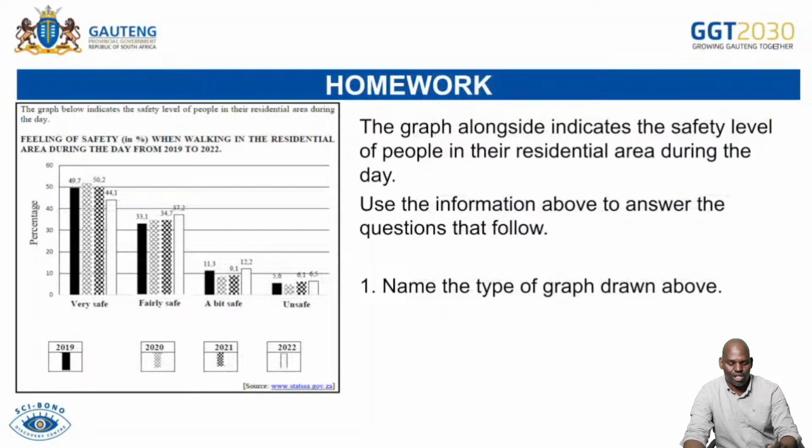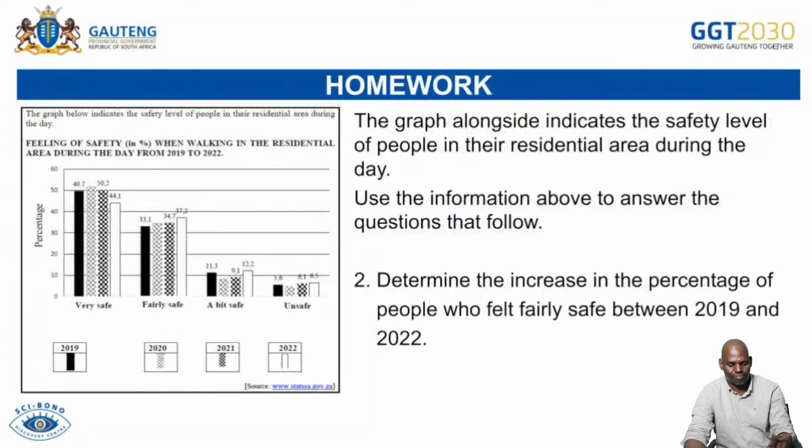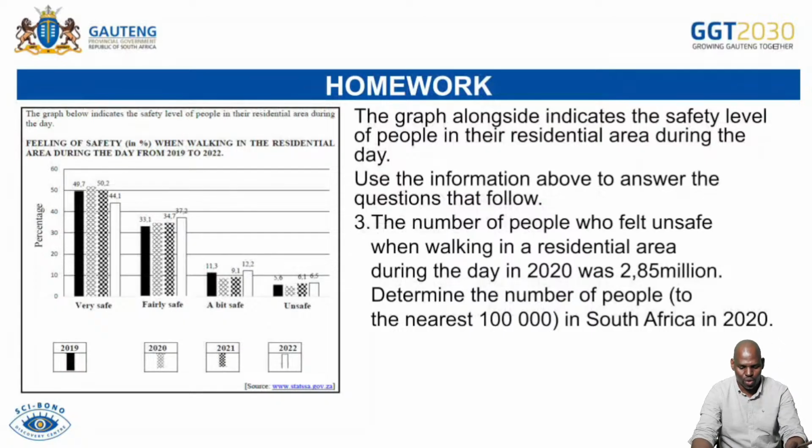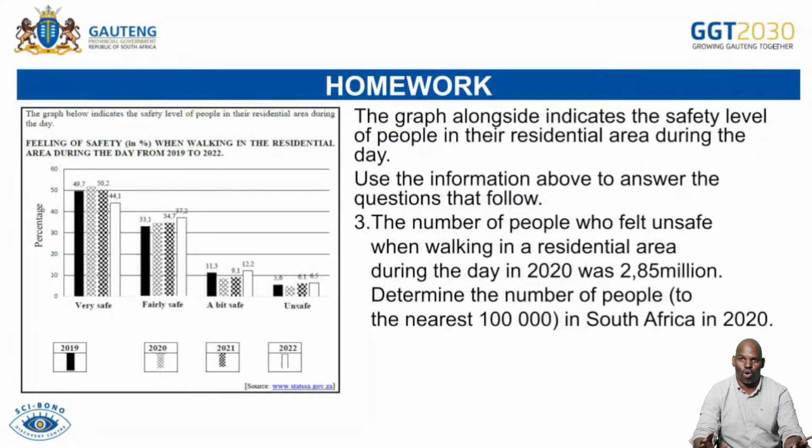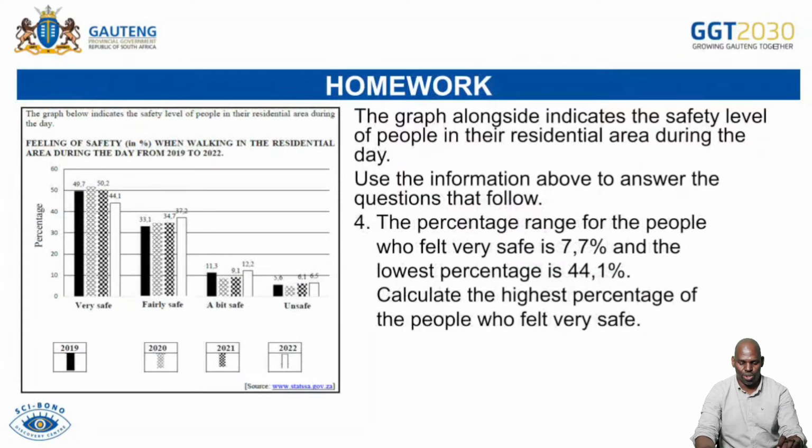I think this will be shared with your educators, and then the educators will give it to you as well. It has got question 2, and question 3. Also question 4. There are only 4 questions. Unfortunately, time is not on my side to go through the homework questions, but it will be shared with you, and then you'll be able to do the answers.